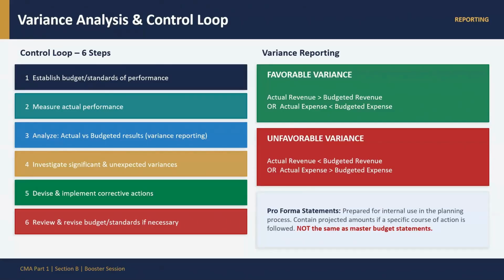Suppose your expenses: you planned for expenses of 5,000 and you have spent only 2,500. That is again a benefit for us. That is favorable variance. Now think exactly the opposite of this. You are getting revenue lesser than your expectation and you are spending more than your expectation. That is unfavorable.